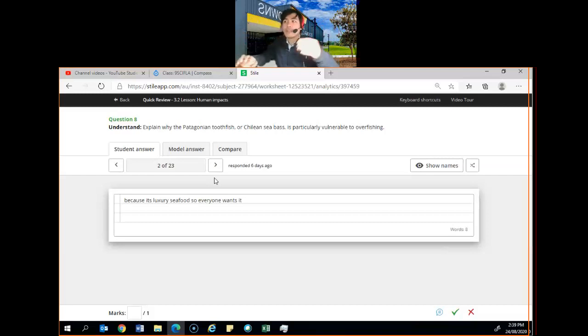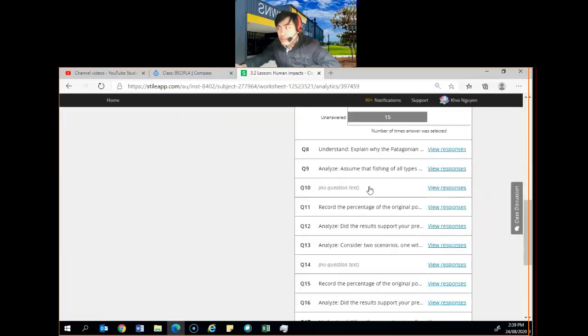So there are two reasons combined that give us overfishing. The answer here says they are very vulnerable to fishing and being caught before even being able to spawn. Right, so they are caught before they can make new baby fish.